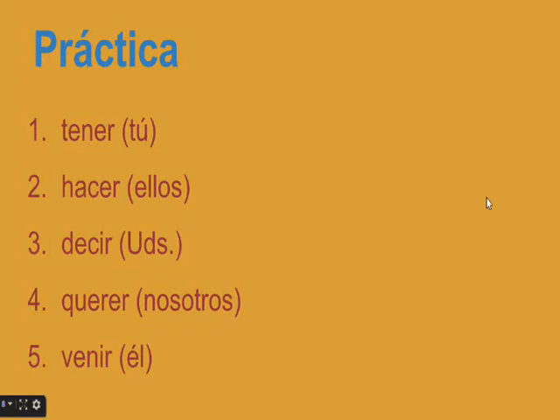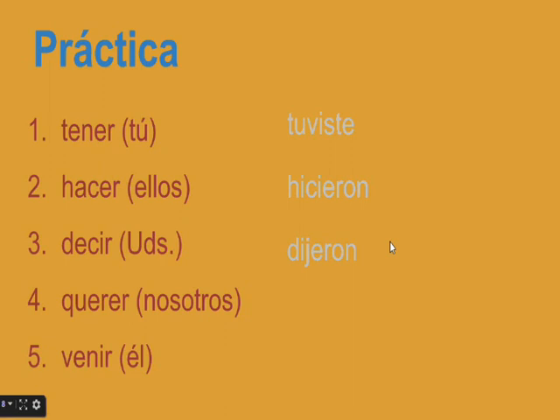Alright, so let's discuss the answers now. Number 1, tener, tú, tuviste. You start off with that irregular verb stem for tener, which is tuv, and then it's for the tú form, so you add on the irregular ending, iste, tuviste. Hacer, ellos, hicieron. Decir, ustedes, dijeron.